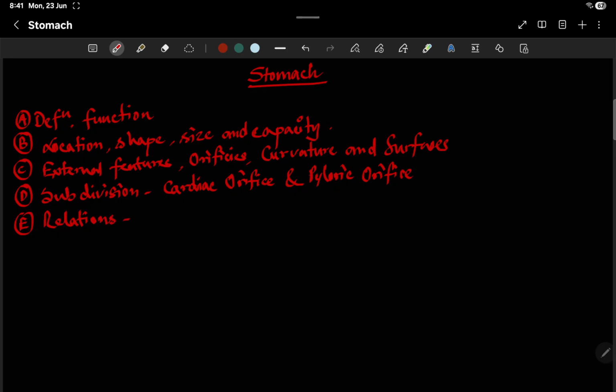Relations in respect to peritoneum relation, visceral relation, and inferior relation.